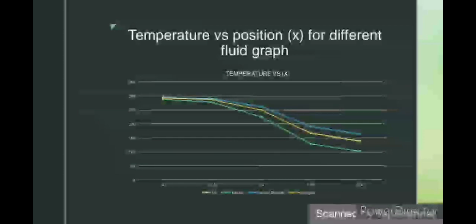The acceleration of the temperature change started to wear off once it reached the outlet part of the duct, which is 0.5 until 0.6 meter. From the graph, we can conclude that helium is the most drastic in change of the temperature throughout the event.